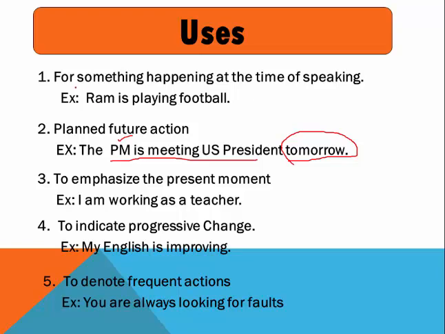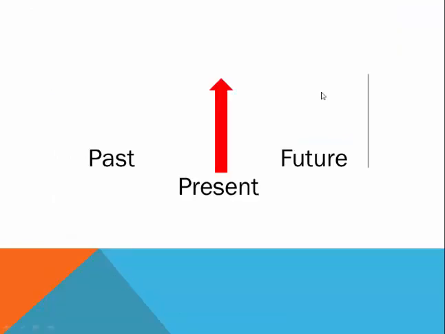When you write your paragraphs or essays or anything, you have to be careful. Here I'm going to show you the present time, and here is the past time, and here is the future time. If anything is happening during the present time, that is generally described in present continuous tense.